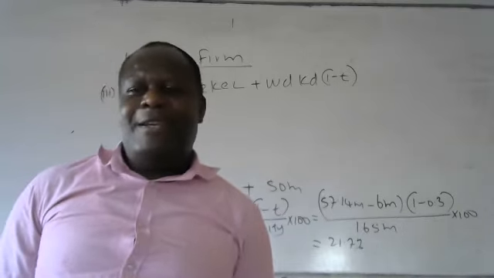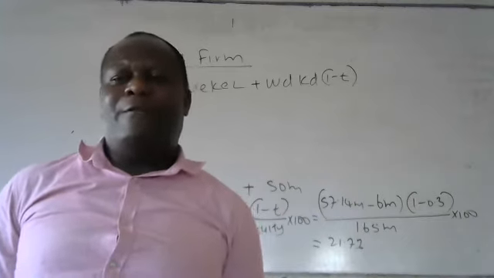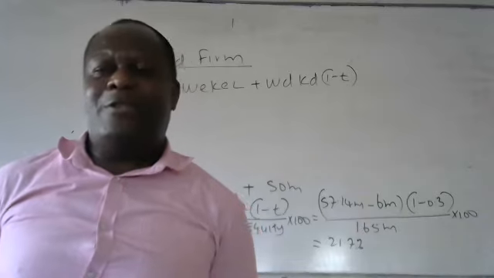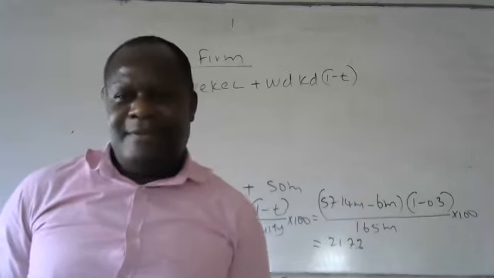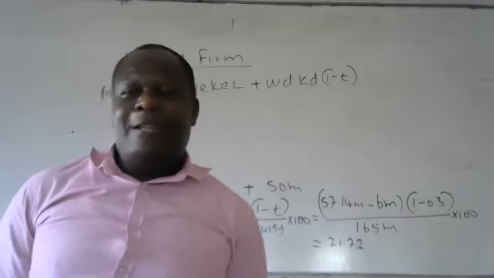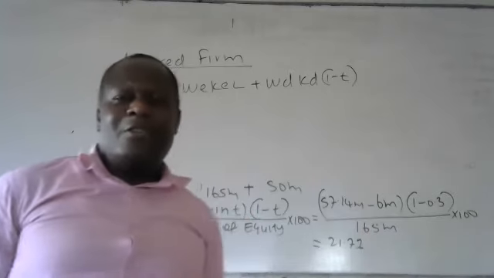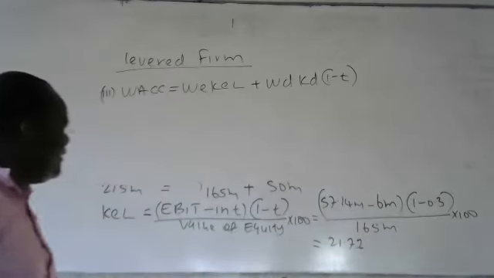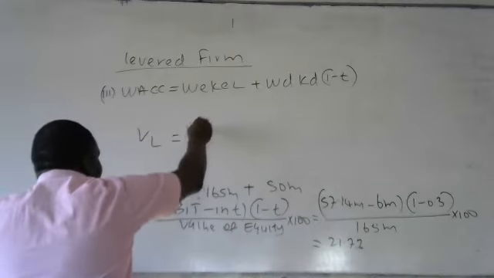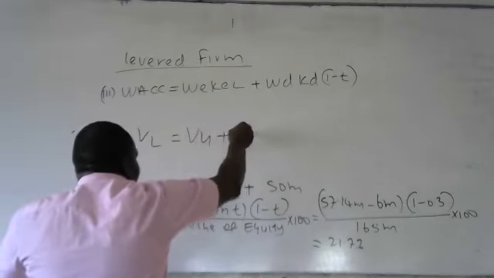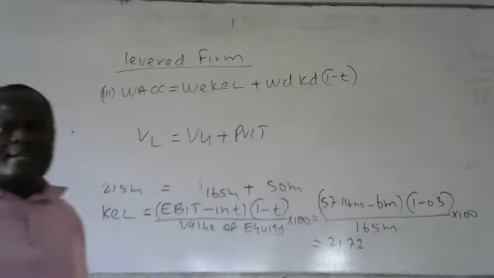But I had explained to her, when you are using 57.14, the interest was 0. There was no interest. When you are getting 57.14, there was no interest. Then to get the value for the levered, it is value for unlevered plus what? Present value of the interest tax benefit.